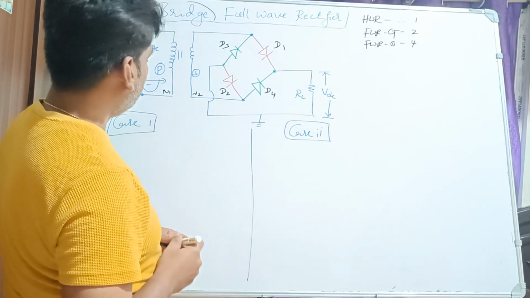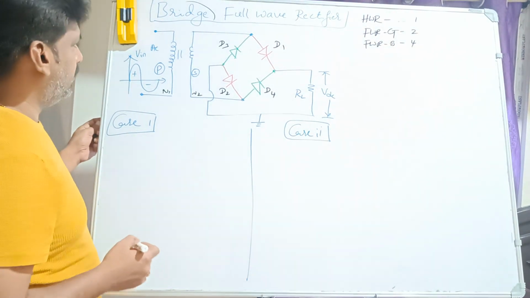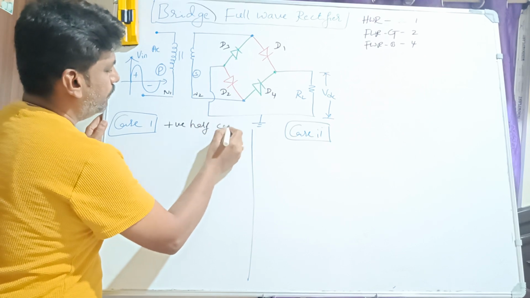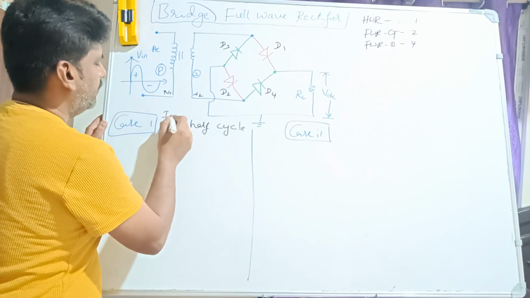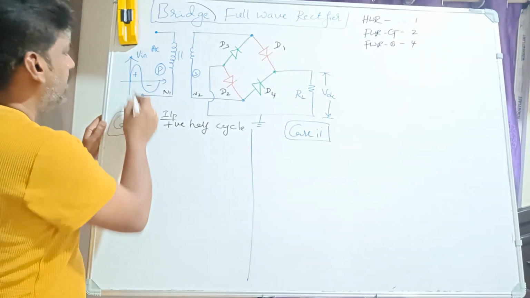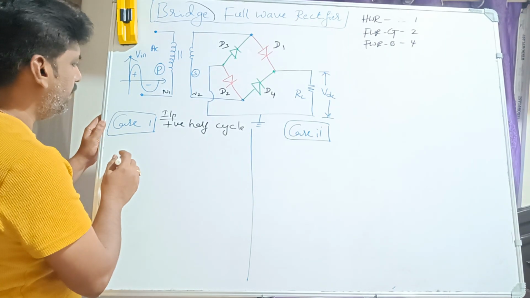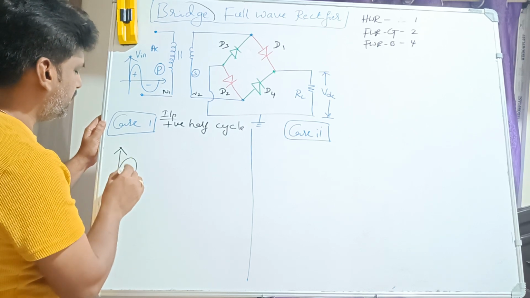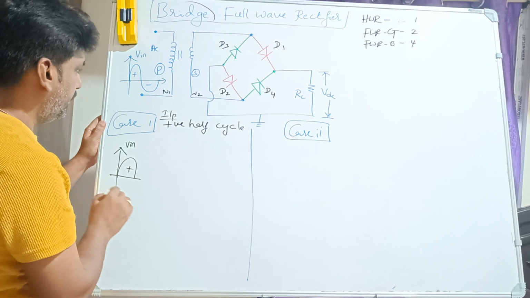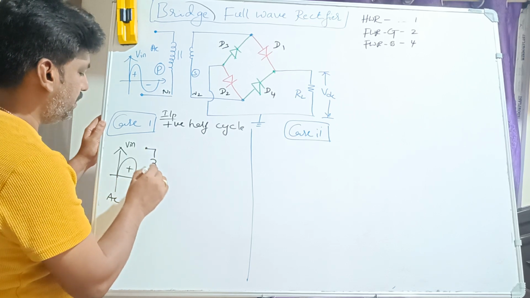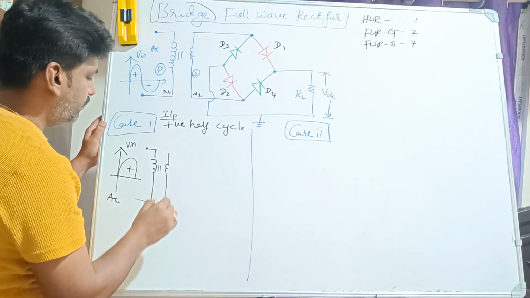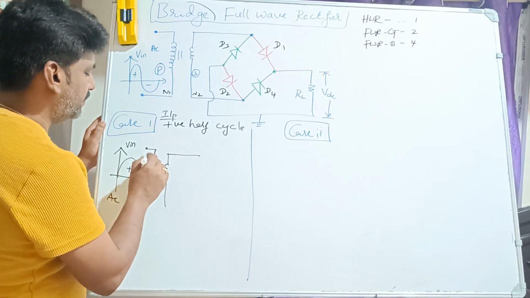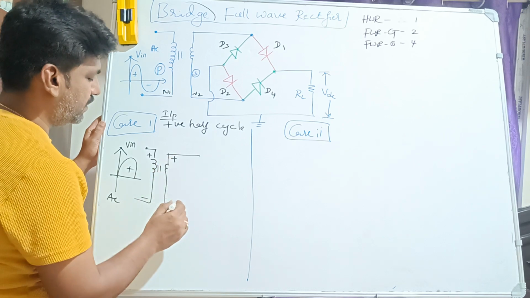Now we should see how case number 1 works, for the positive half cycle. If the input is a positive half cycle, the transformer output is given to the diodes. Here one side is positive, this is plus and minus.